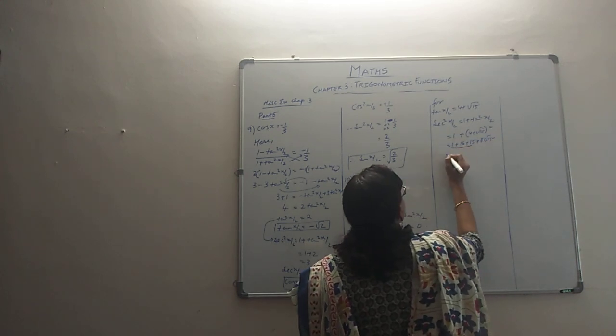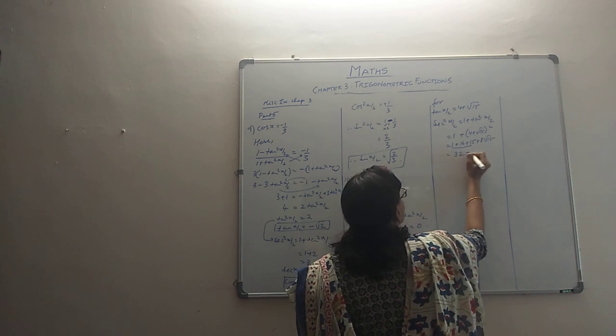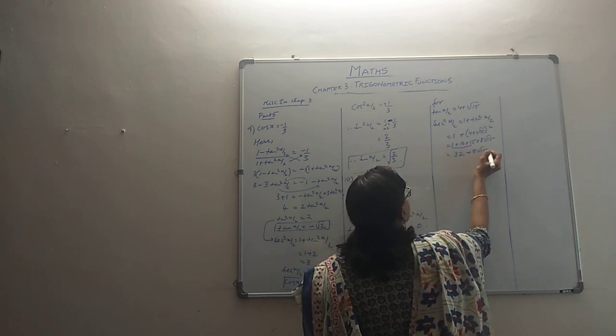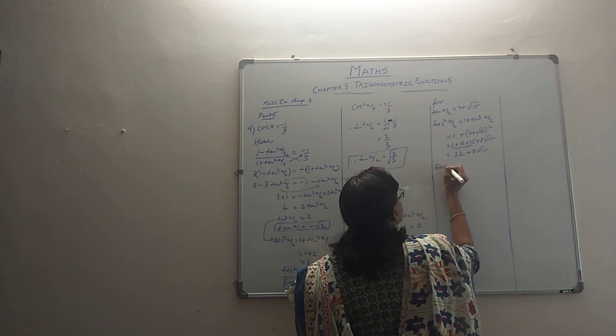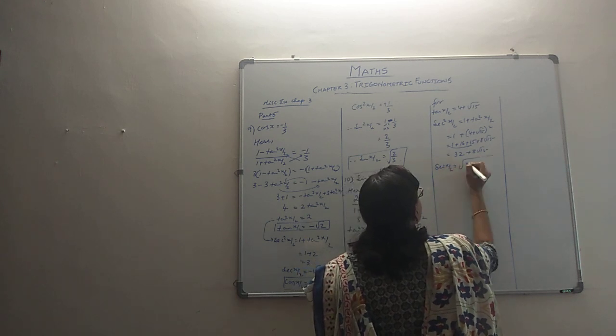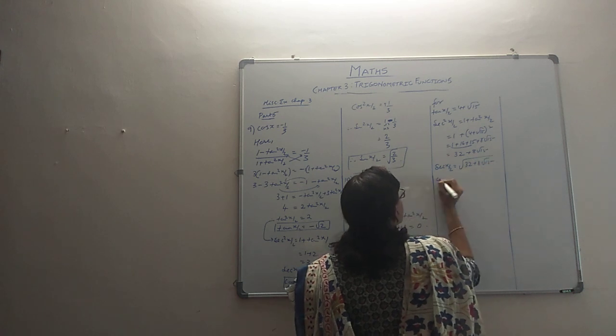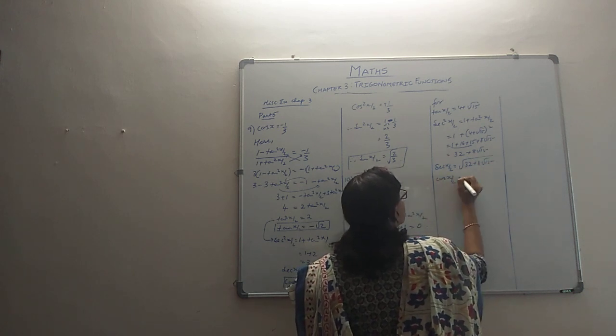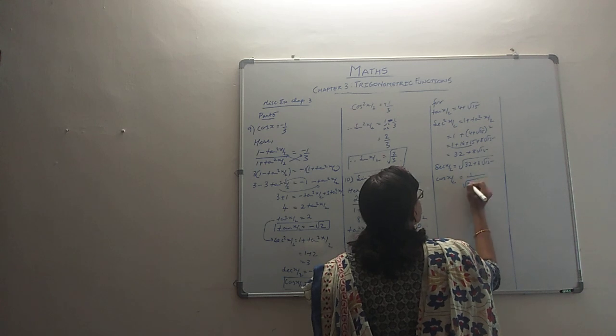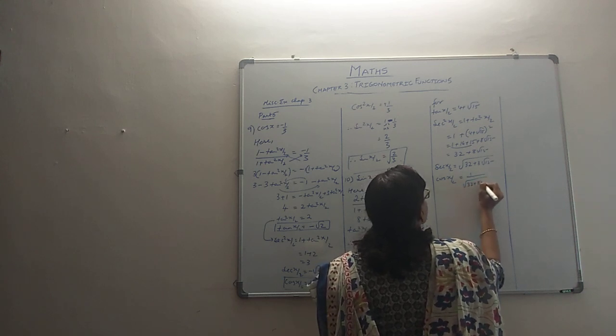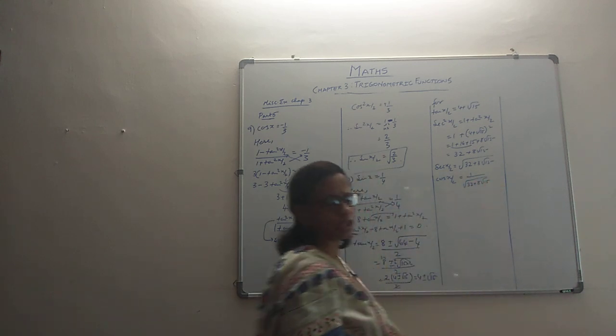How much does this come to? 32 plus 8 root 15, that is sec squared. So what is sec(x/2)? It is the root of this, 32 plus 8 root 15. So what is cos(x/2)? It's in the first quadrant, so it's positive. That's all. You can solve it further, but it's okay if you leave it also.